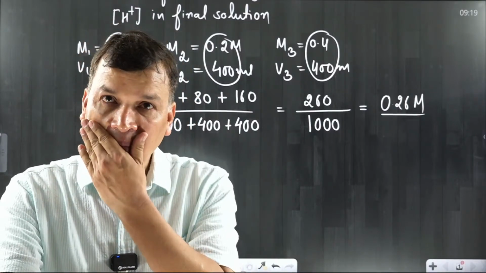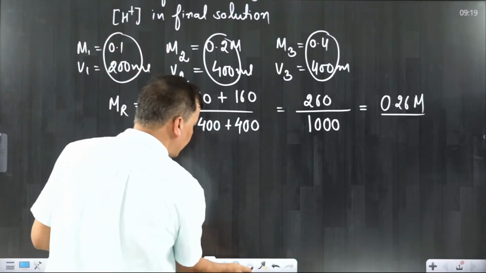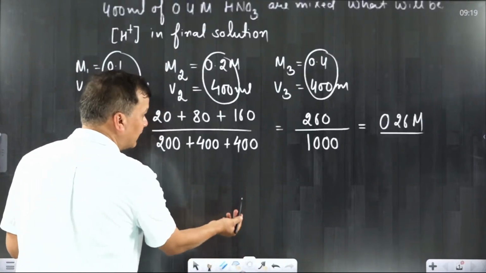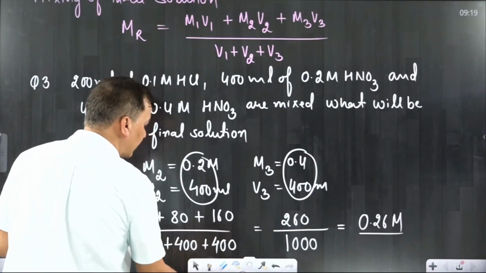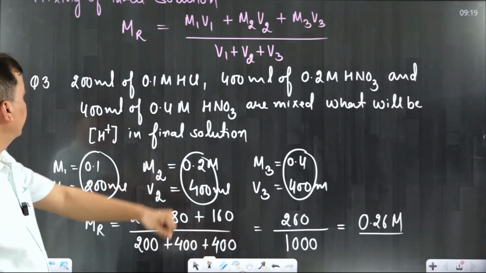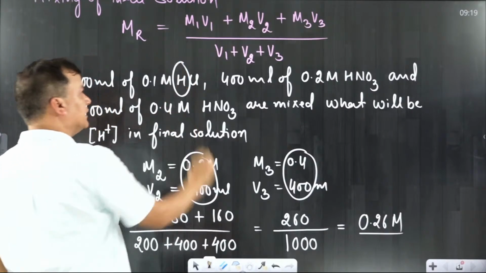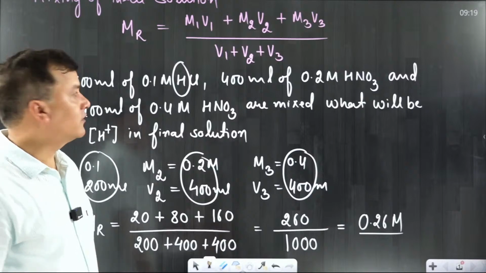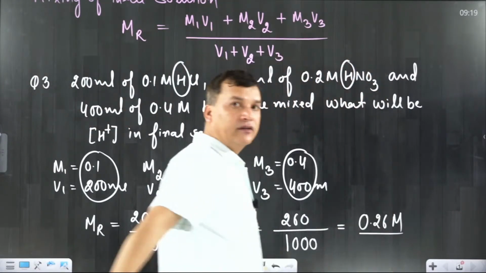So, dear student, one thing that I want to mention here is very important in this question. All 3 solutions are acid. In this HCl solution, there is H positive. In nitric acid solution, there is also H positive.